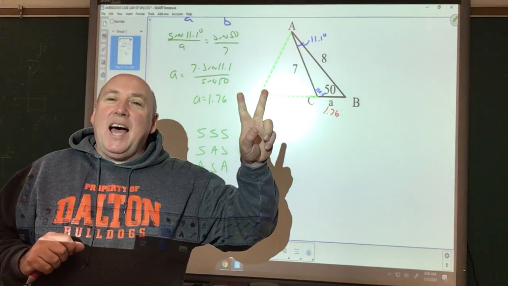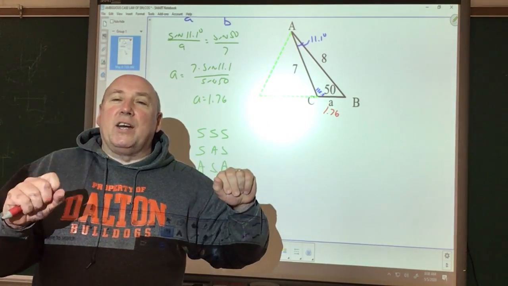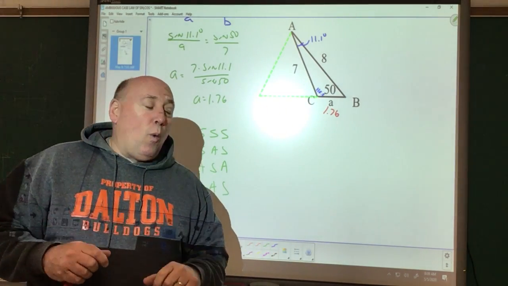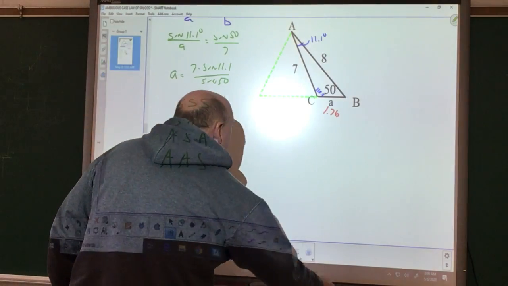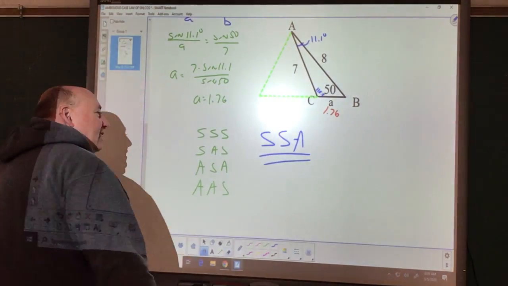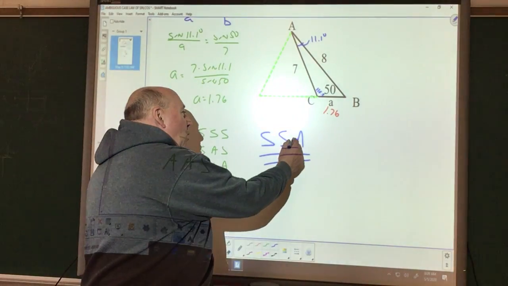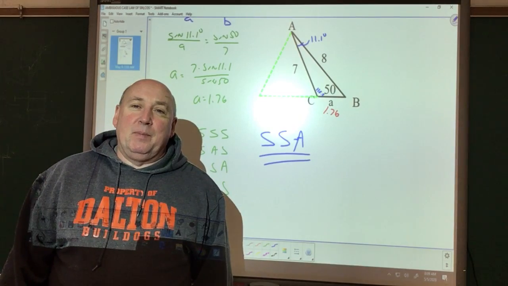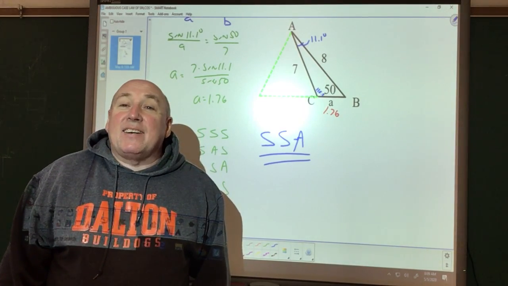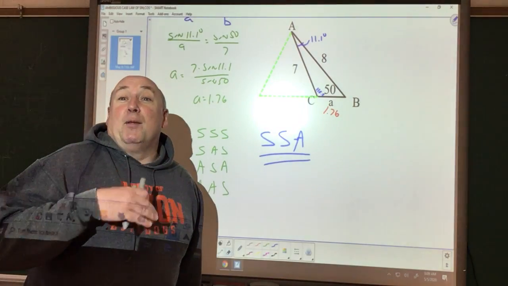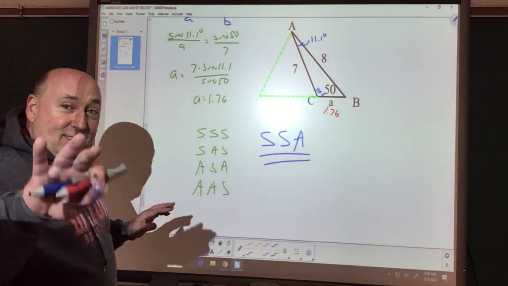If we have two sides and a non-included angle of one triangle congruent to two sides and a non-included angle of a second triangle, why don't we have this? The side side angle, Dr. Clark, why don't we have it? And no, I'm not going to write it the other way around. Sorry.